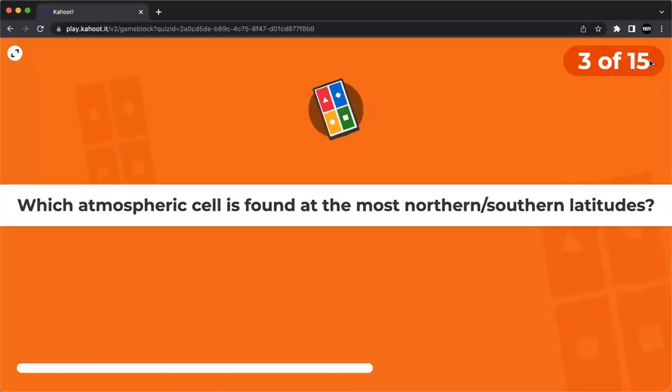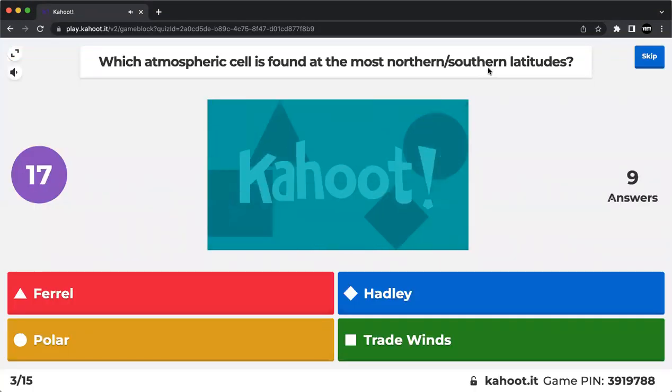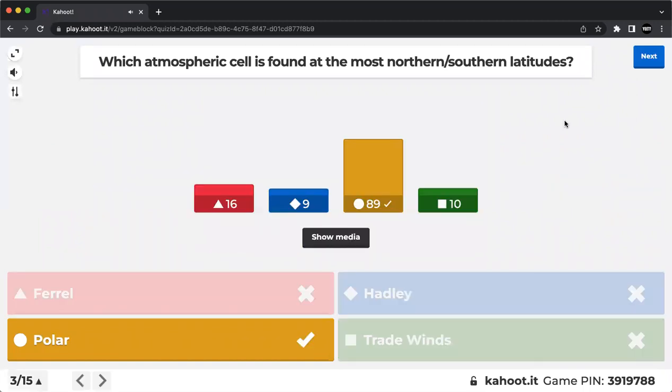Which atmospheric cell is found at the most northern or southern latitudes? Ferrel, Hadley, polar, or trade winds? Yep, polar. Its name kind of gives it away, the poles.